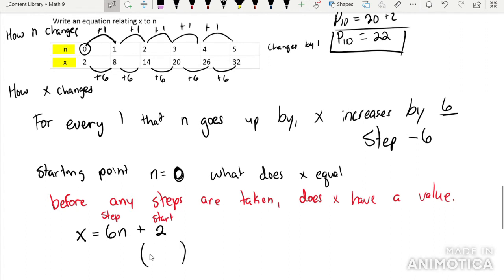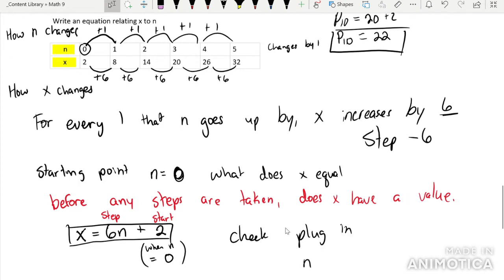And the way we can think about it is when n equals 0 is another way. So when it asks to write an equation, it is looking for this. And what you can do, just to double check, is plug in n equal to 0, n equal to 2. You can try out a few of them.